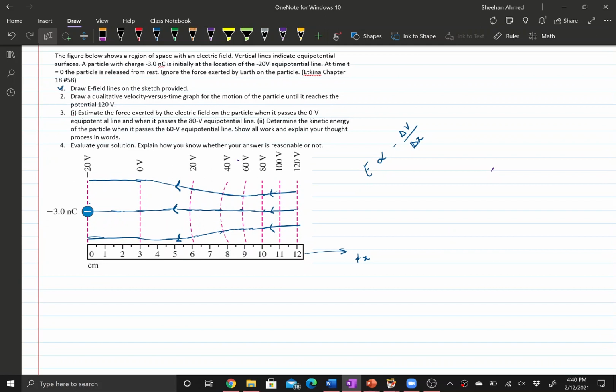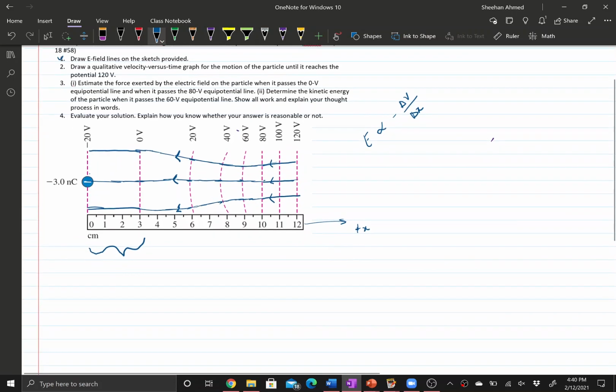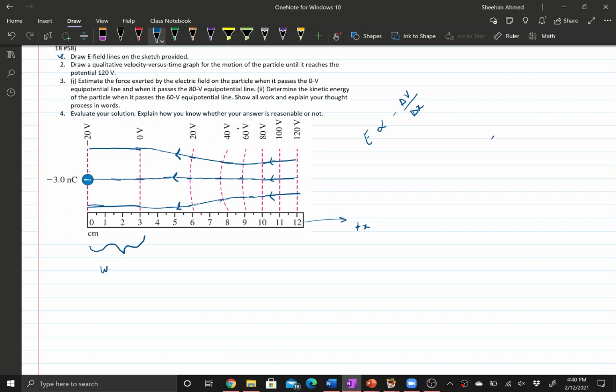Now what about the velocity versus time graph? I'm going to start putting in a little bit of explanations of what I'm going to do. I can label this as a weak uniform E field. I can label this part as a strong uniform E field.